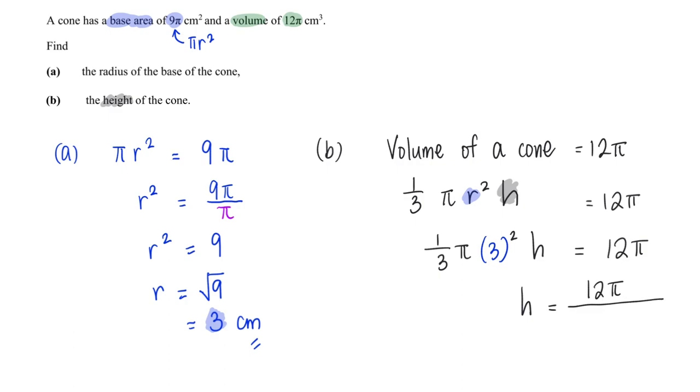I'm going to divide by 1/3, divide by pi, and also divide by my 3 square. That means this part here, I'm going to divide off. And that will then give me a value of 4 cm.